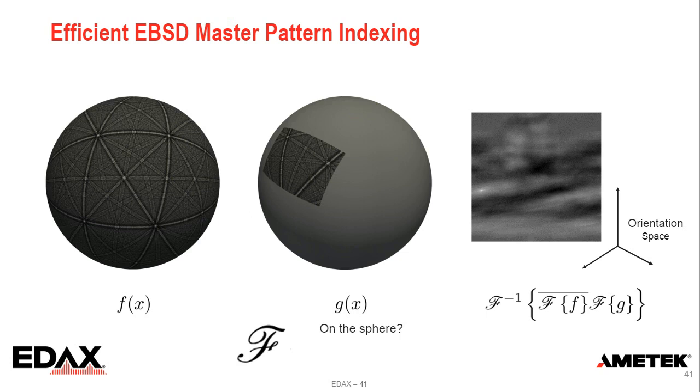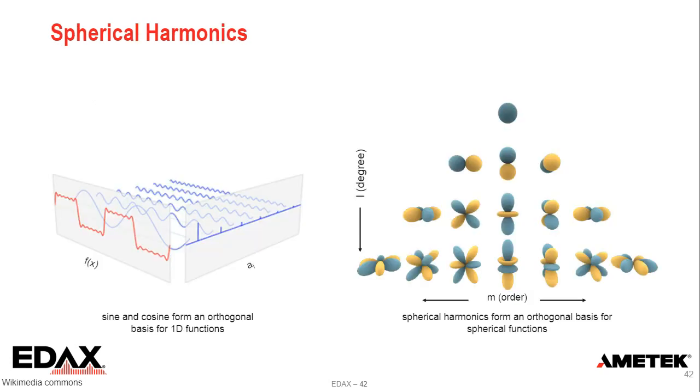And the answer is yes, but it uses spherical harmonics. And just like a sine and cosine form an orthogonal basis for one-dimensional functions, spherical harmonics form an orthogonal basis for functions on the sphere.